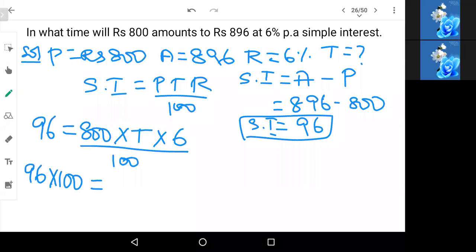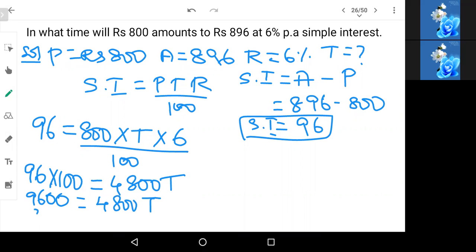How much will you get? 800 into 6 is 4800 T. So 9600 is equal to 4800 T. So 9600 divided by 4800 is equal to T. Therefore, what will be the time? 9600 divided by 4800 will give me 2.